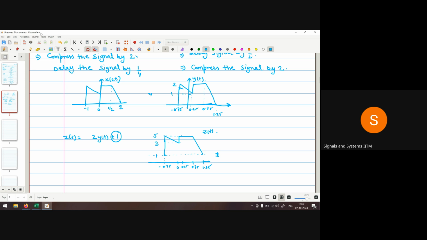Always remember one thing: if we manipulate the time period, the signal shifts in the time scale.